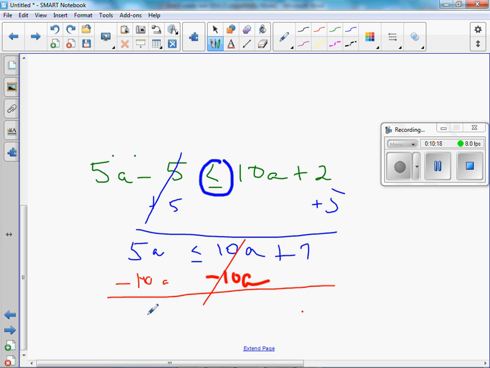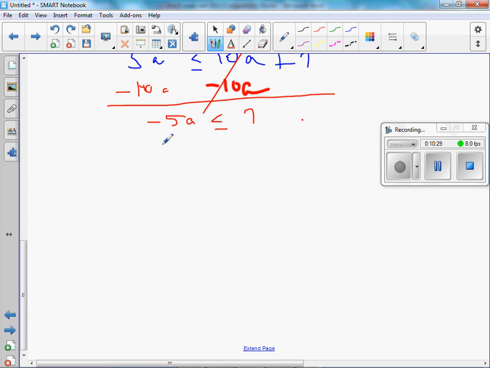That eliminates, so you have negative 5a is less than or equal to 7. We may have a fraction, but that's okay. We know it's a negative 5a, and I told you when this is negative, you have to change the direction of the sign. So I'm going to divide by negative 5. That cancels, so you have a is greater than or equal to negative 7 over 5.